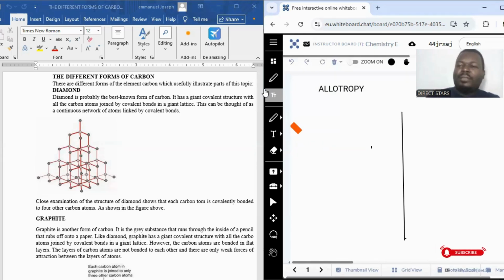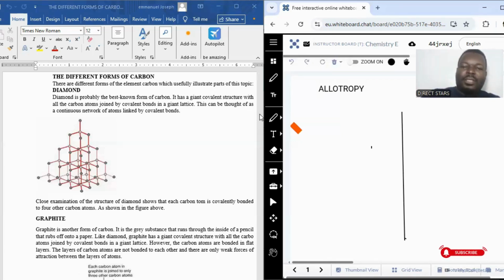In the last class, we said it makes them have low melting and low boiling points, and makes them appear weak. For graphite, due to this arrangement, it's arranged in sheets.